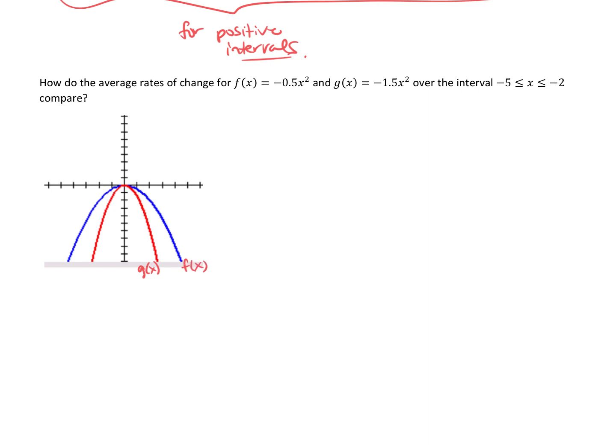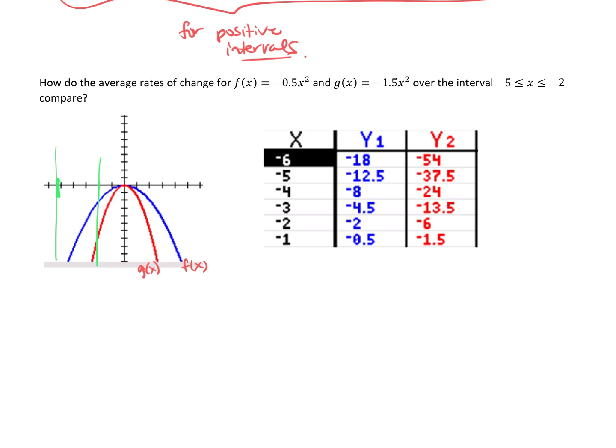And we want to see how the average rate of change compares on the interval from -5 to -2. So 1, 2, 3, 4, 5, that's from here to here. What are our functions doing between these two values? And we're going to just find an average rate of change. So again, use your table of values on your graphing calculator in class to help you do this.